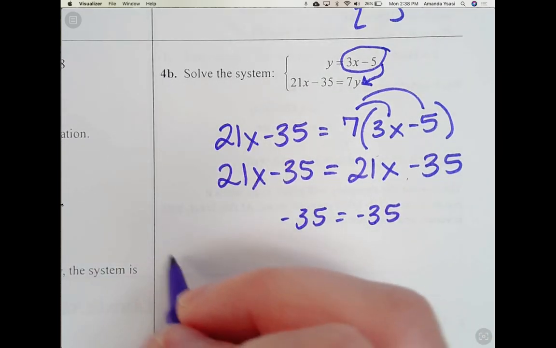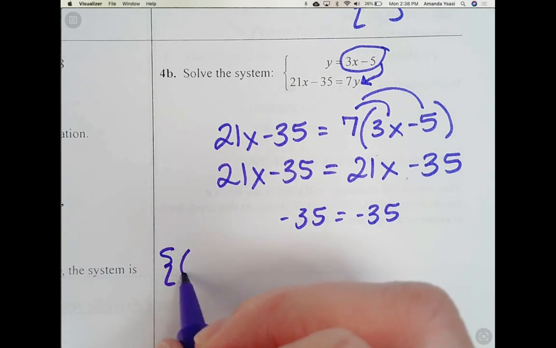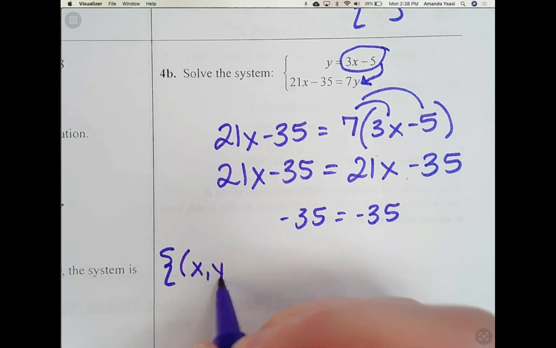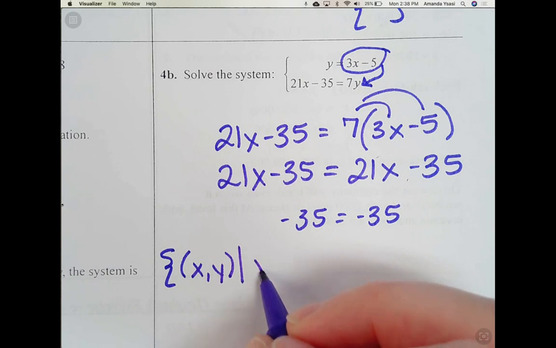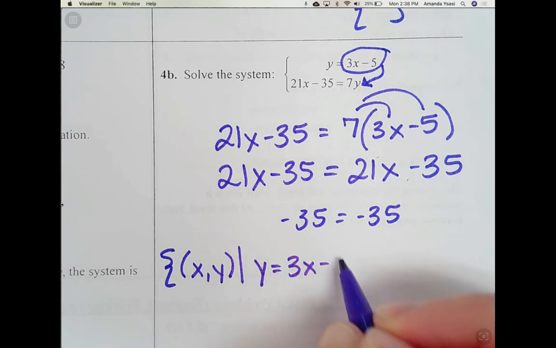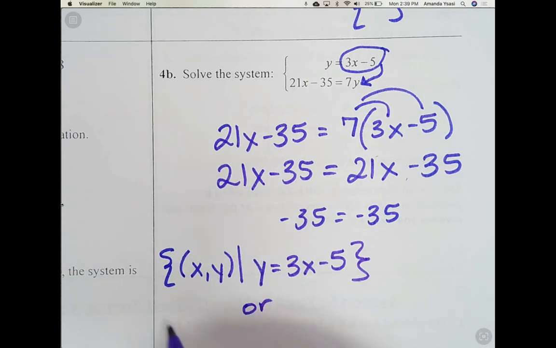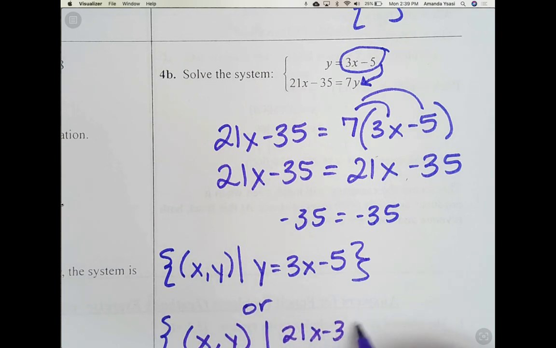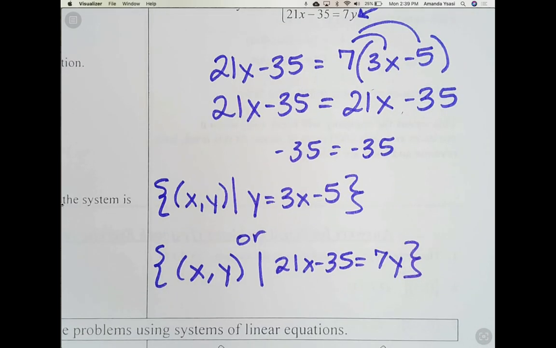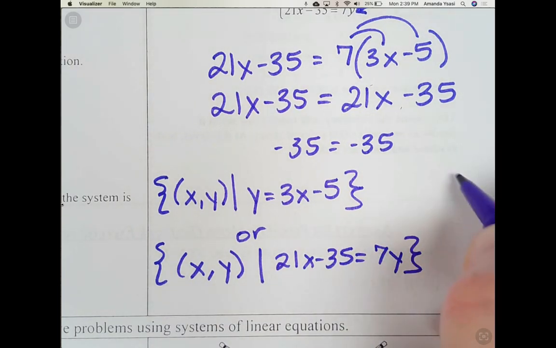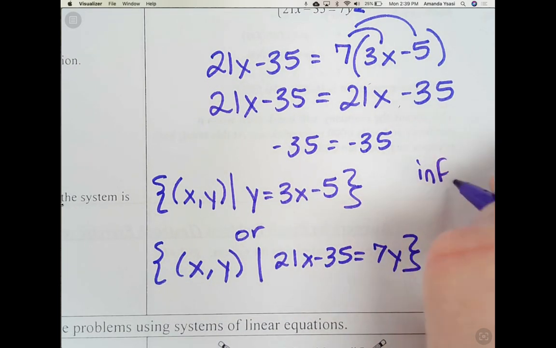So we are going to write it as the solution set of x, y, such that y equals 3x minus 5, or, remember equation 1, or x, y such that equation 2. So this is our way of saying it's infinitely many solutions.